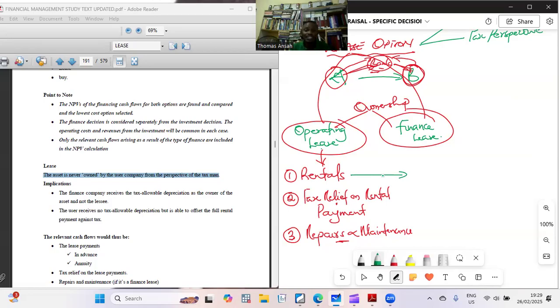No, no, no, no. They take it in advance. So here we'll be looking at doing things in advance. And if you have not watched the video of advanced and delayed perpetuity, then that is a problem. All right. And the rental payment too, you'll be making the rental payment over a period of time. And the tax too, you'll be getting it over a period of time.